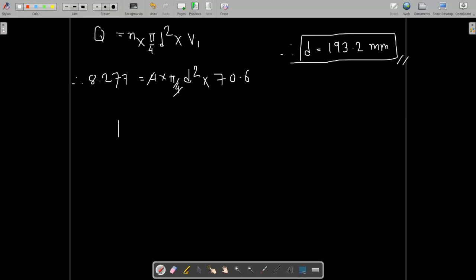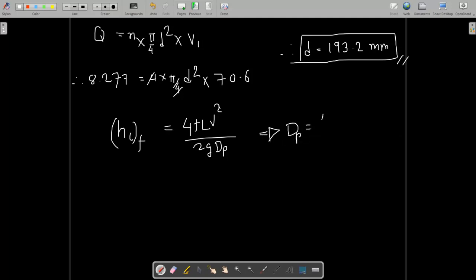Now we will find penstock diameter. How to find penstock diameter? For that, the head loss due to friction equation is 4f L V square divided by 2g into diameter of penstock. Now make diameter of penstock the subject: 4f L V square divided by 2g into head loss due to friction.